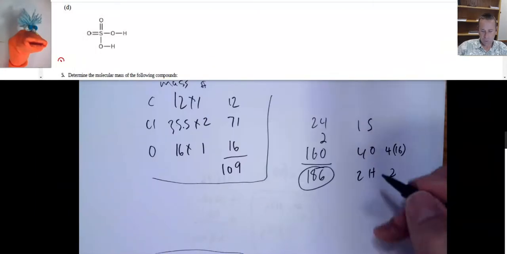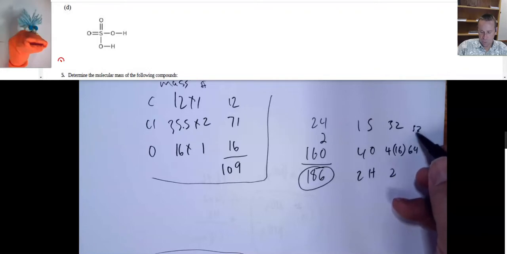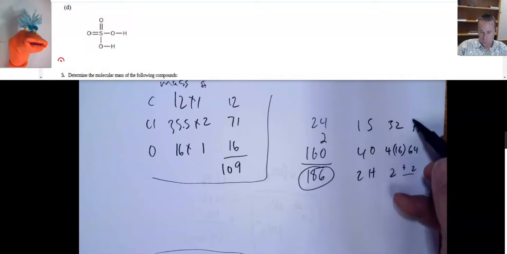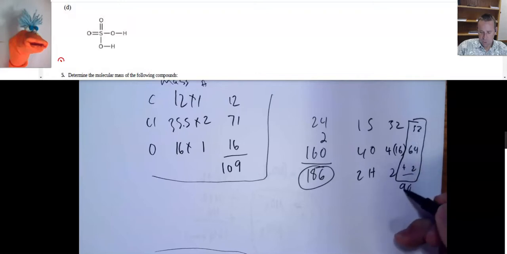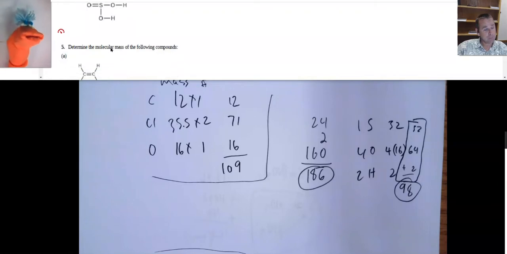We'll use 32. So 4 times 16 is 64. 32 plus 64 plus 2. So 98 is our molar mass for H2SO4, sulfuric acid if it's in water.